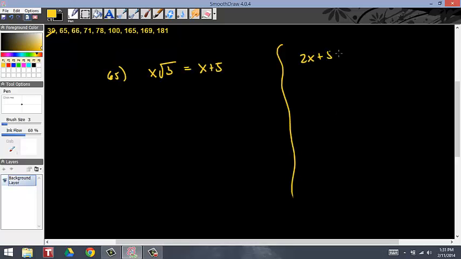If I gave you 2x plus 5 equals x minus 7, what's the first thing that you would probably do? Move x to the other side, right? Subtract x from both sides, and you get x plus 5 equals negative 7. This is no different. You're still going to subtract x from both sides, except you're just not going to be able to combine those like terms.